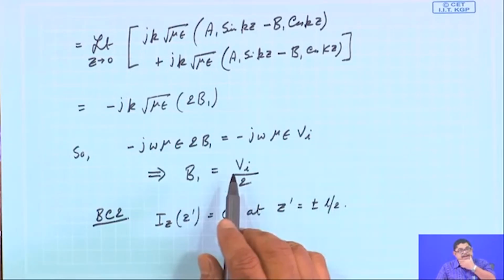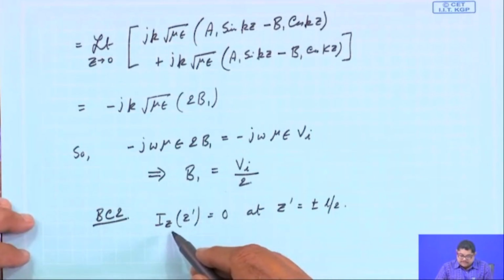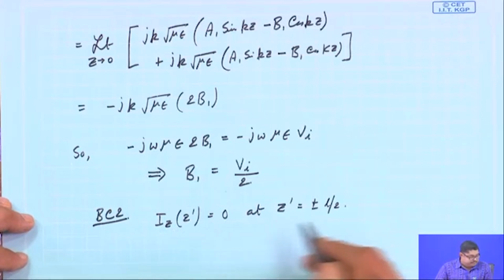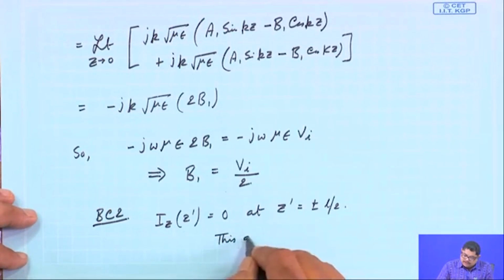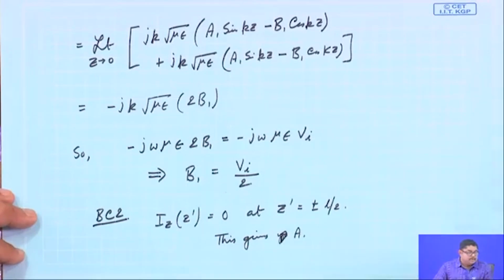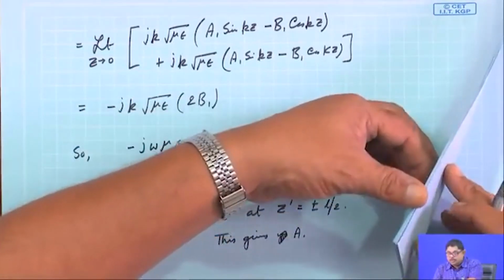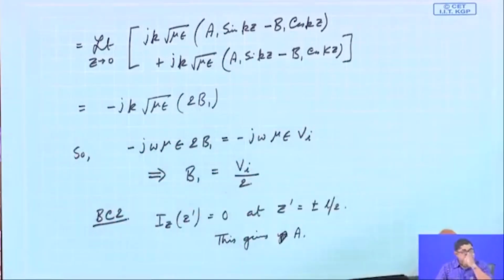From this, you now find A1. You can take this as an exercise, this gives you A1. So, that means now we know A1 and B1. Okay. So, that means I know the solution.